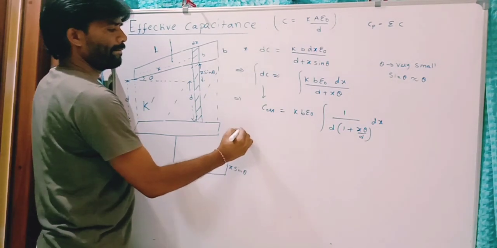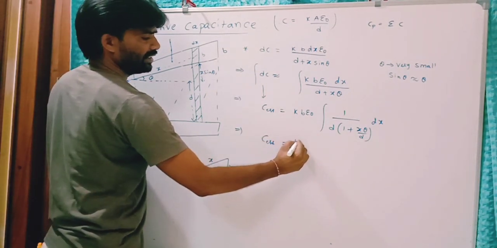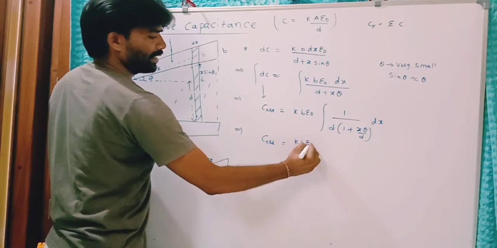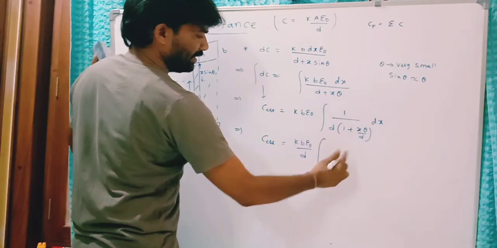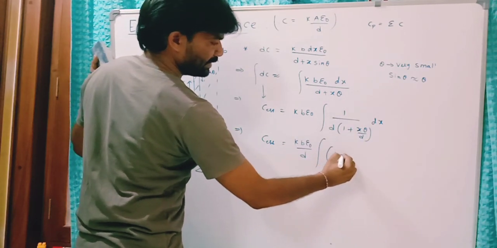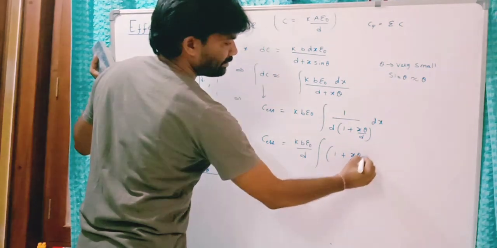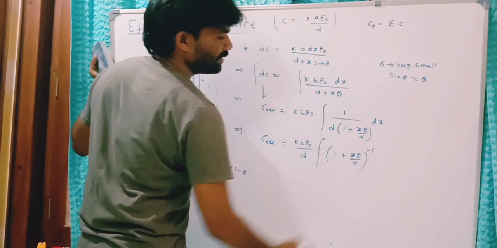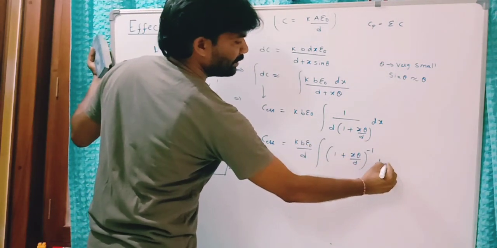Now write this d also outside the integration: K b epsilon naught by d, and the term is 1 plus x theta by d to the power minus 1, the inverse, into dx.